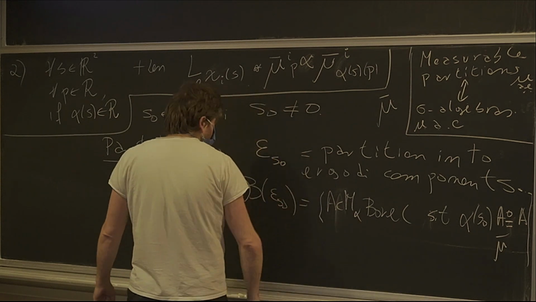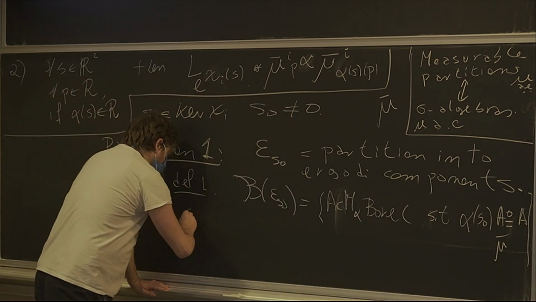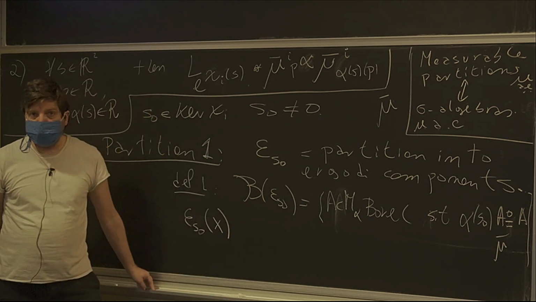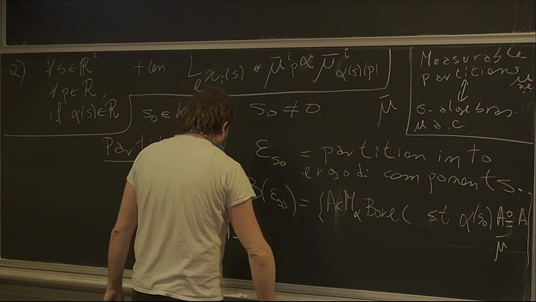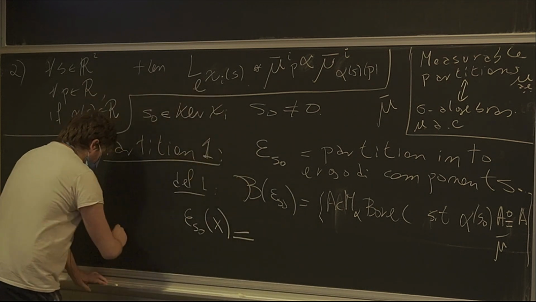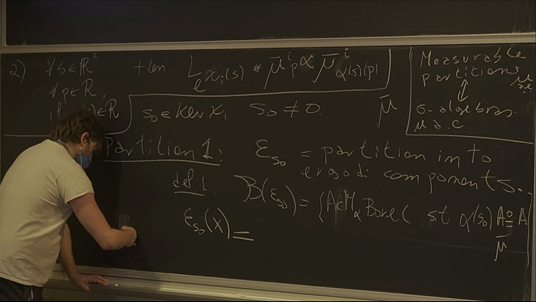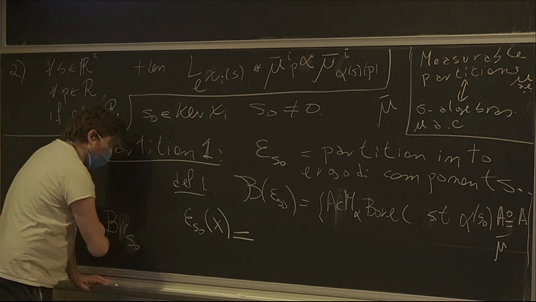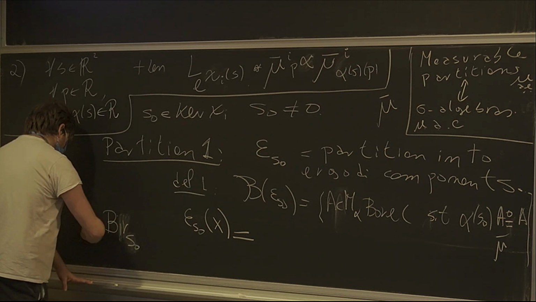Now the second way, and that's the way we define the partition: I need to say what is the atom. And to say what is the atom, I will appeal to some set, let's call it B sub S naught, B for Birkhoff, which is a set of full measure.